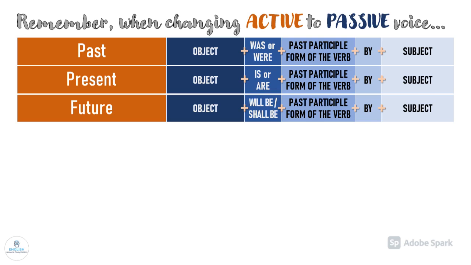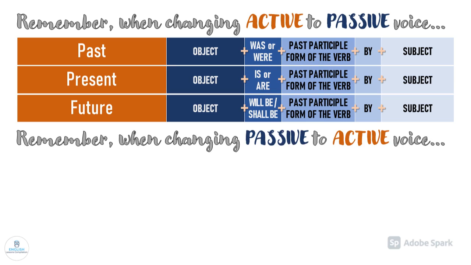But if the tense of the verb in the sentence is simple future, simply write the object plus will be or shall be followed by the past participle form of the verb plus the word by and the subject. Take note also that the sentence usually contains by if the doer of the action is mentioned.